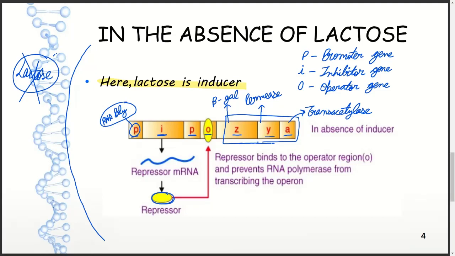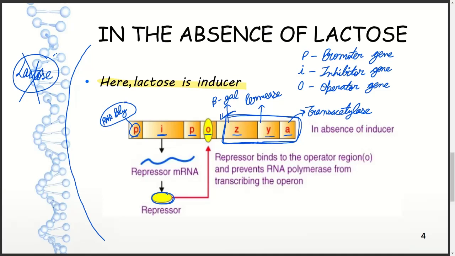It is very logical to say that if we don't have lactose, then what's the need of these three structural genes? Because transcription and translation is an energy requiring process, why should a cell waste its energy when there is no lactose to be broken down? So the structural genes should not get transcribed.